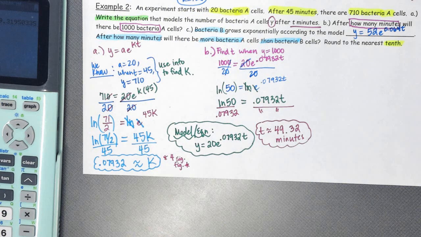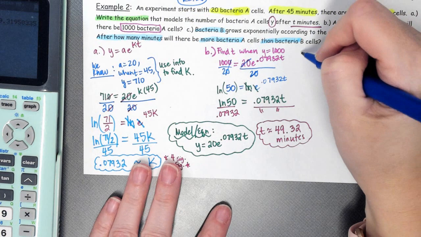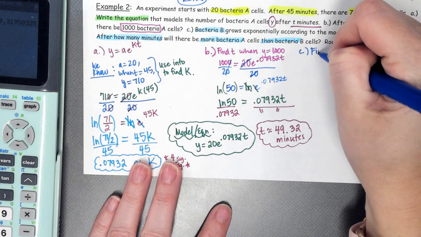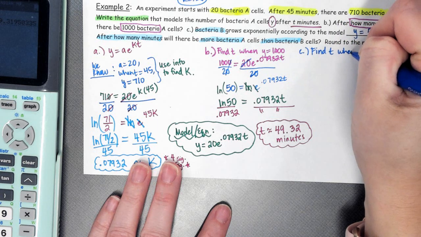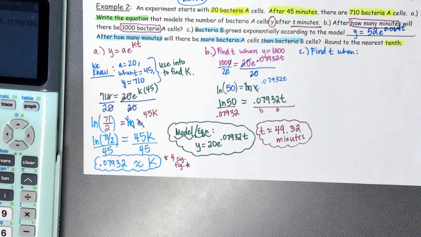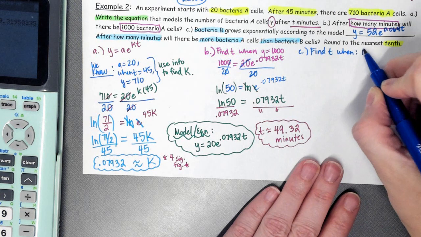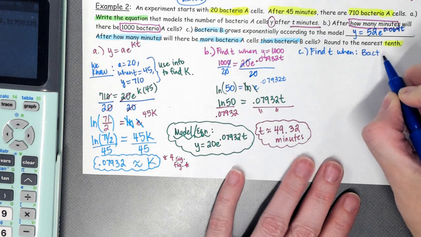So we have to find T when, let's think about this situation. If there's more bacteria A than bacteria B, then don't we need to set up an inequality?